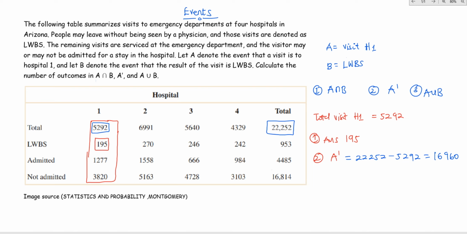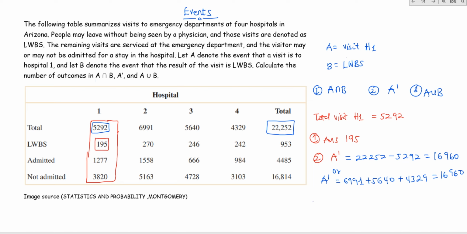So A prime is also 6,991 plus 5,640 plus 4,329. That will also give us the same answer, 16,960. So this is another way to get the same answer. That's it for question 2.